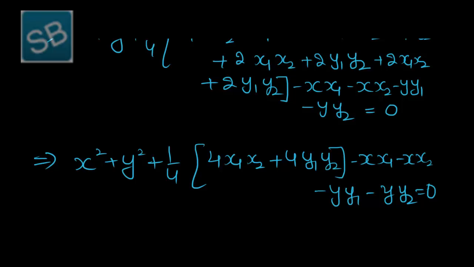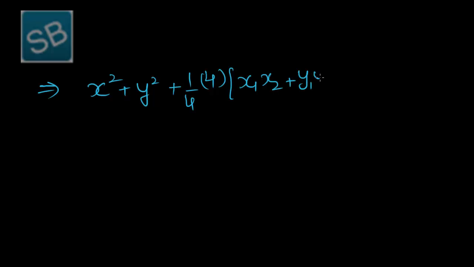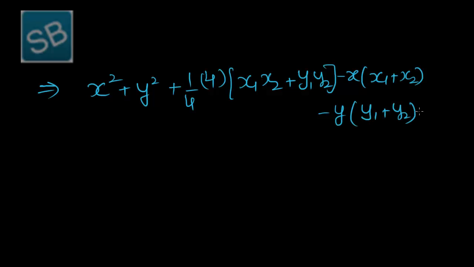So from above we get that is x square plus y square plus 1 by 4, 4 is common, (x1 x2 plus y1 y2) minus x as it is (x1 plus x2) minus y as it is (y1 plus y2) is equal to 0.